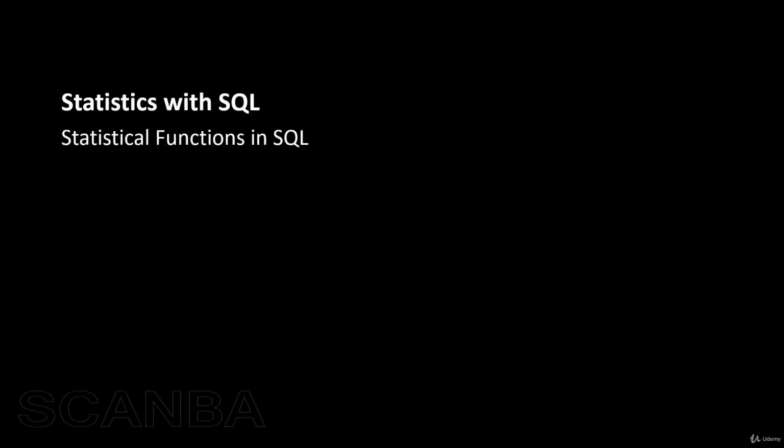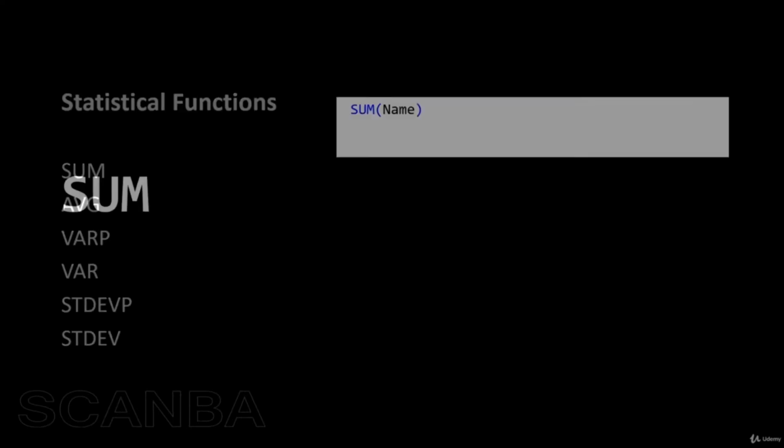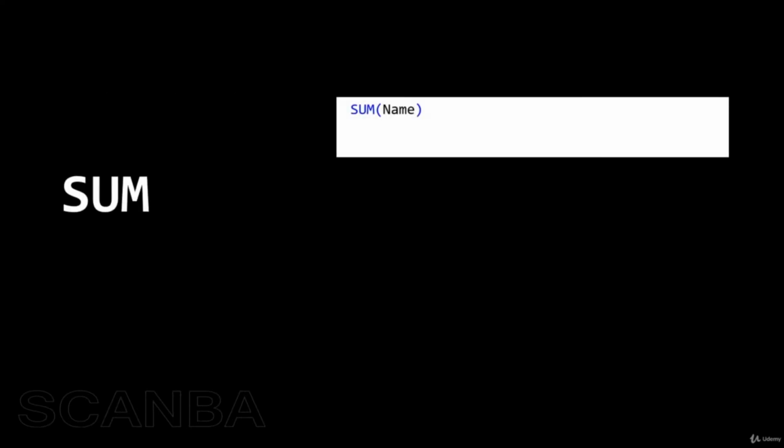Statistical functions in SQL. Data scientists often use statistics to better understand datasets. SQL includes functions for describing datasets. We will cover the most commonly used statistic functions: sum, average, variance and variance estimator, standard deviation, and its estimator. The most commonly used function is sum.